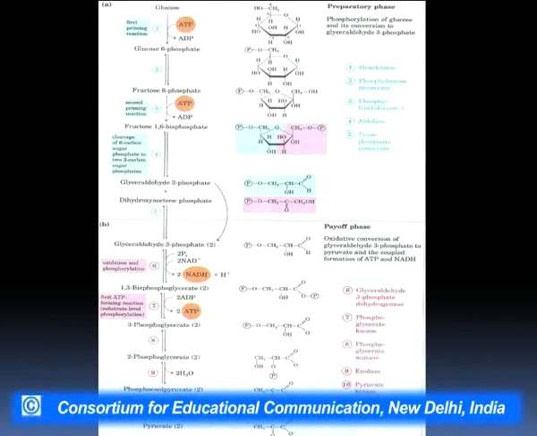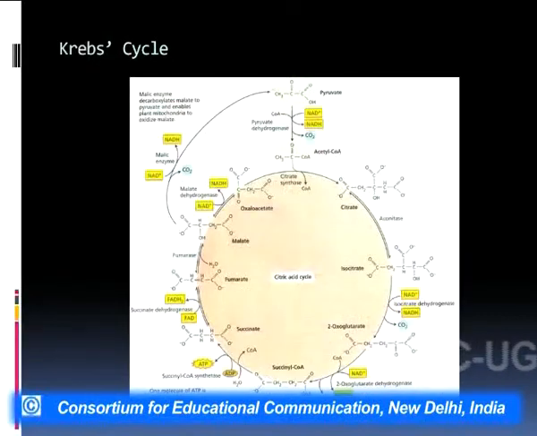I have been telling you repeatedly that we would be dealing in the last part with the electron transport chain. How does this indirect release of ATP come into being? We must appreciate that out of a total of 36 or 38 ATP produced, only 4 ATP have been generated directly.